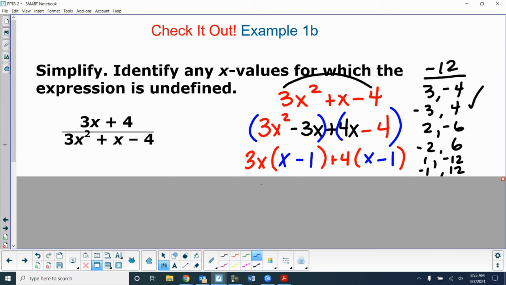What do you notice about the blue thing? They're the same. Isn't that what we want to happen? Yeah. Okay, so that's one of my factors. What's my other factor? Right, 3x plus 4. Do you see any factors that are the same? 3x plus 4. So I can cancel the 3x plus 4s now.